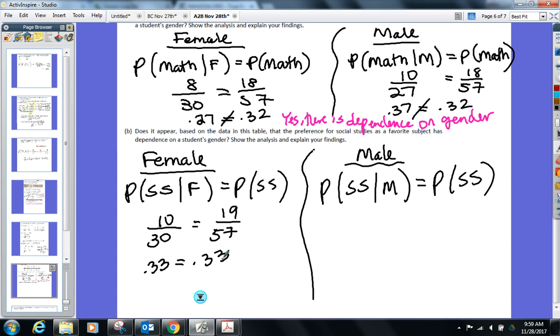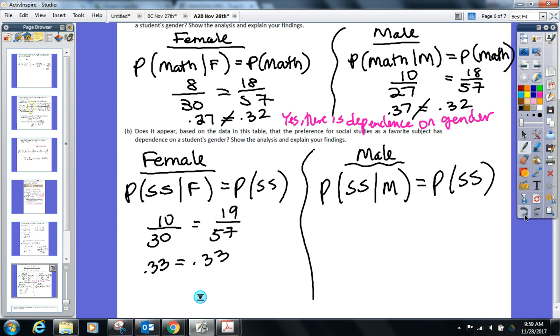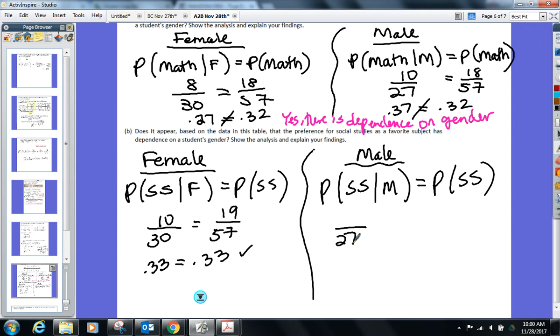So far, they're independent. Let's check on the males now. Probability you are male and you like social studies. There should be 27 males. How many like social studies out of those 27? 9, and we already figured out 19 out of 57 students enjoy social studies the most, and that ends up being, again, 0.33.